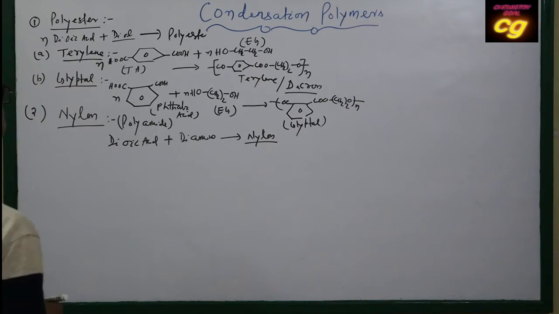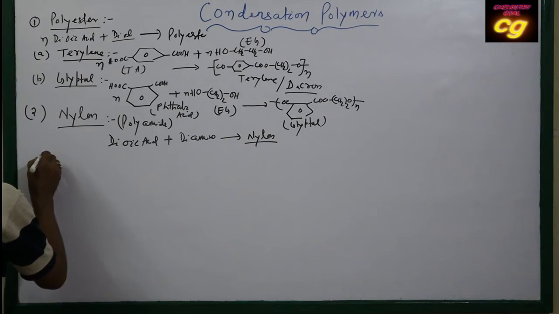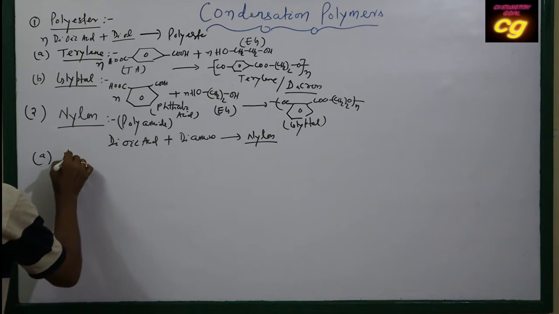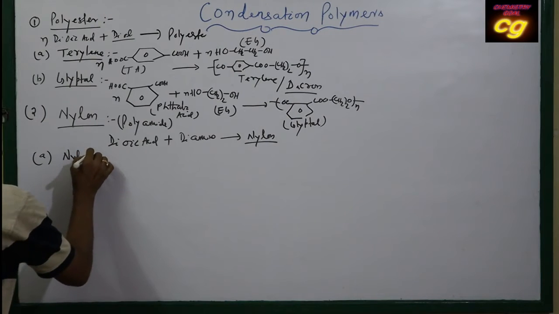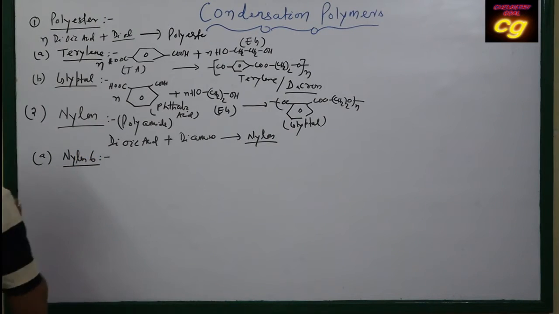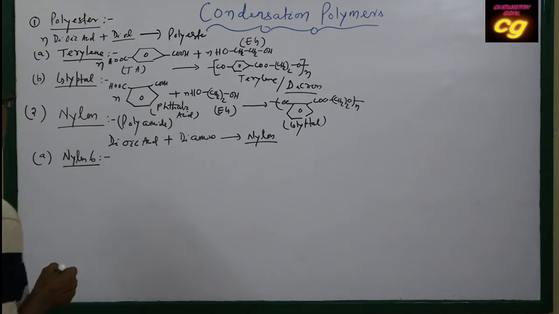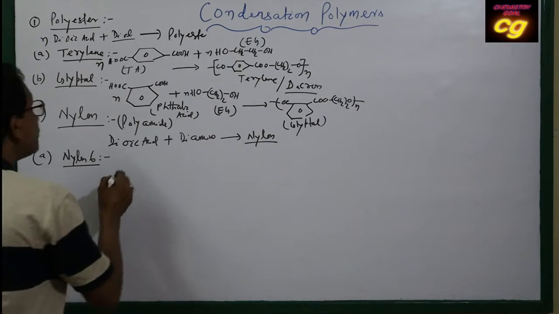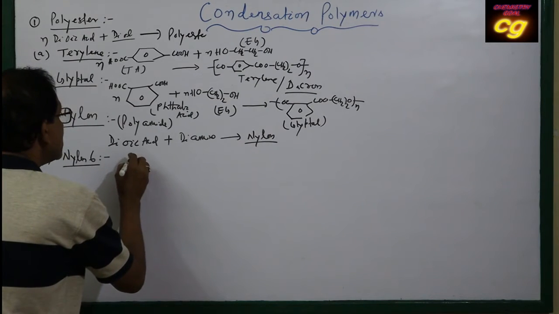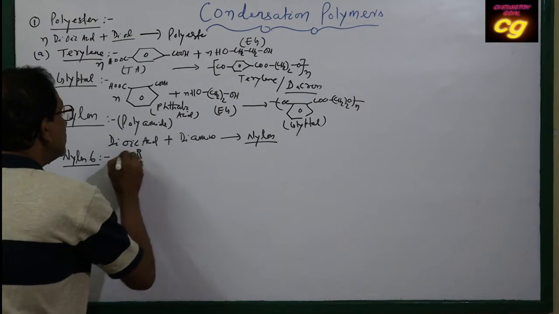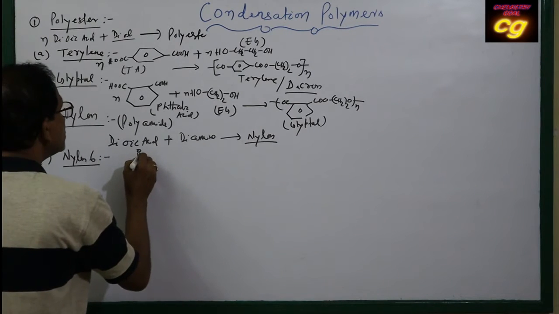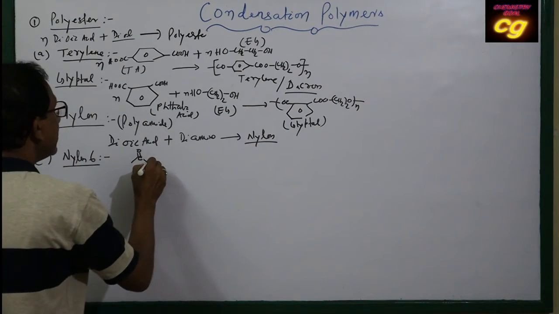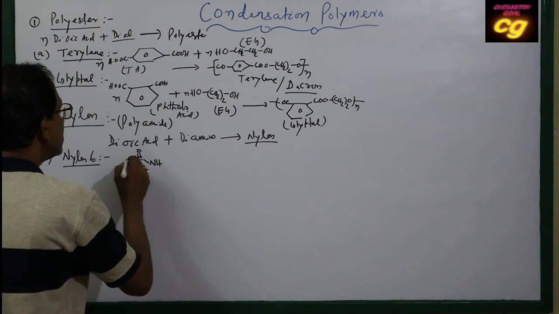For example, take nylon 6. It is a polymer of caprolactam. This is a cyclic compound: C double bond O, then NH.